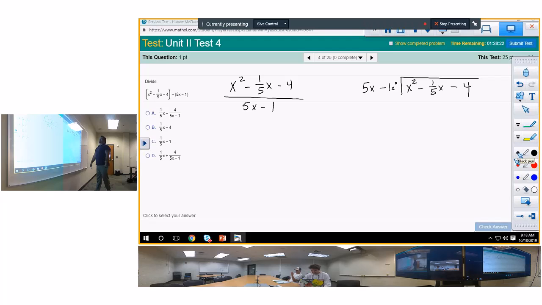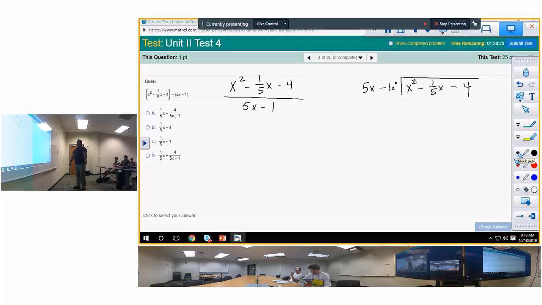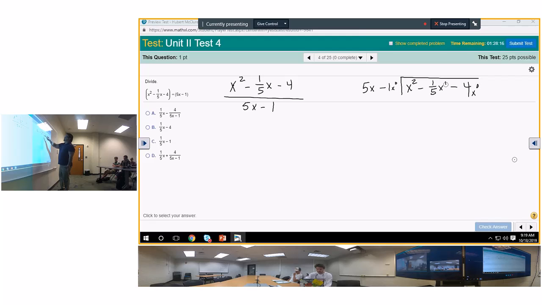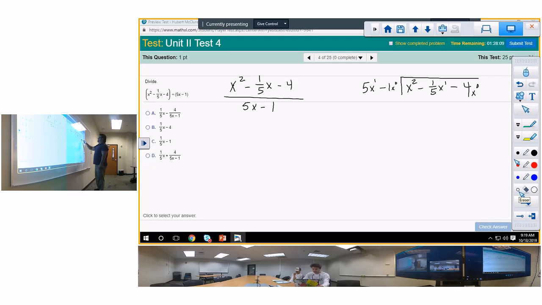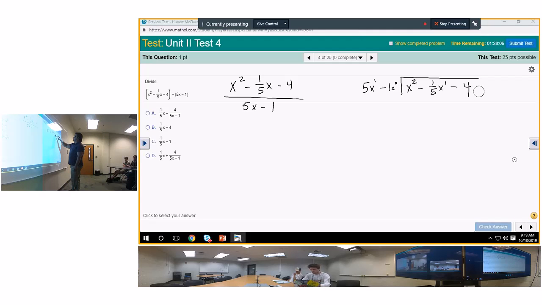We don't have to substitute anything because this is x to the 0, that's x to the 1. So nothing's missing. After I check to see if nothing's missing, I erase those exponents so y'all don't sit there and go, we have to write those exponents. So I'm going to go ahead and erase them.